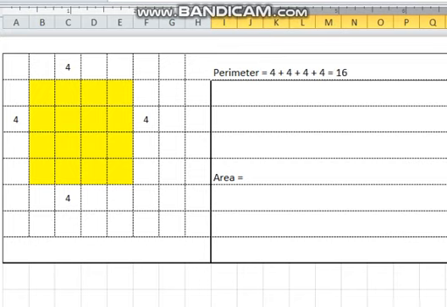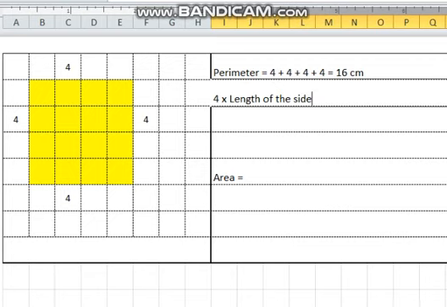equals 16 centimeters. Or you can say, to get the perimeter, 4 times the length of the side, and the length of the side here is 4, so you have 16 centimeters.